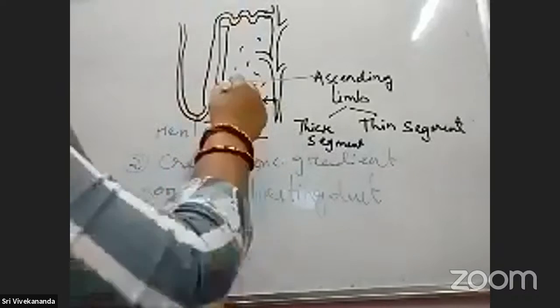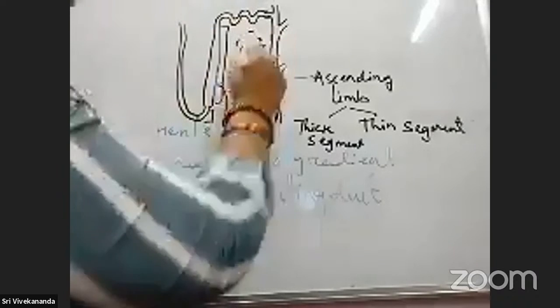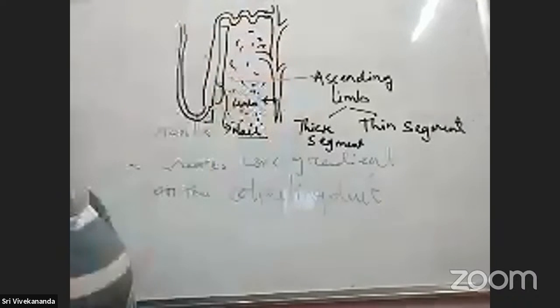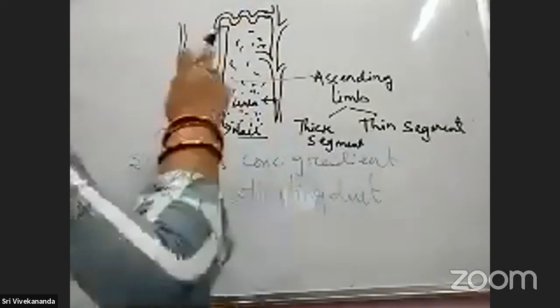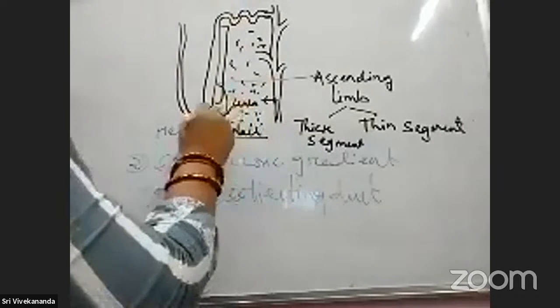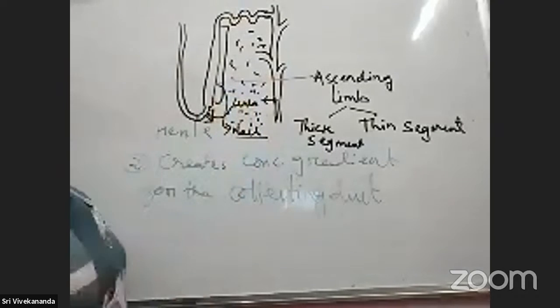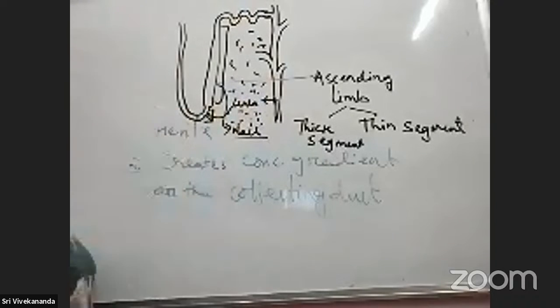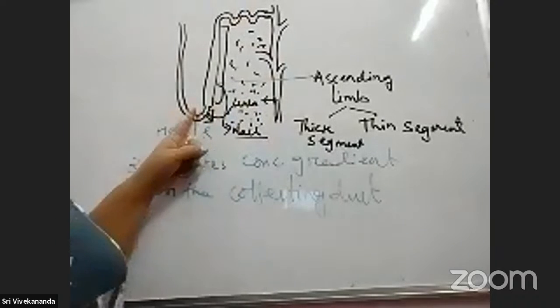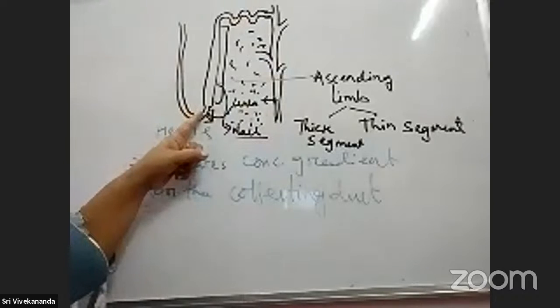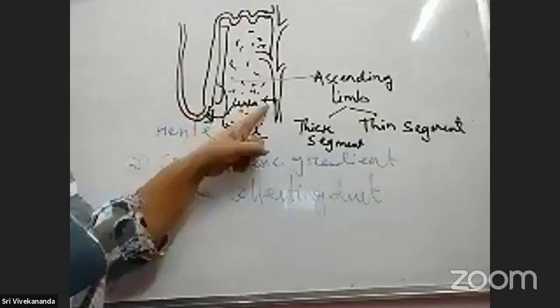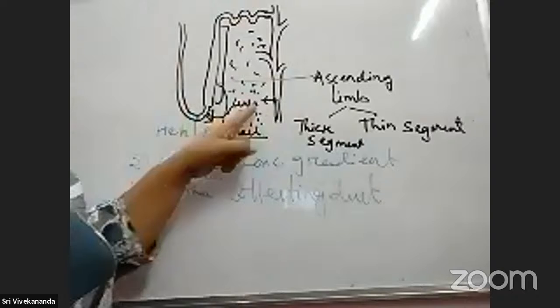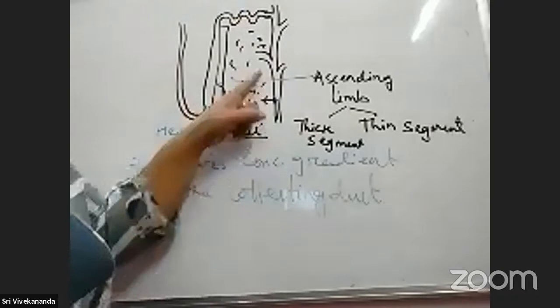The urea, which helps for water reabsorption, after coming out from the collecting duct, again enters into the thin segment of the ascending limb of loop of Henle. The urea comes out of the collecting duct and helps for making the concentration gradient.